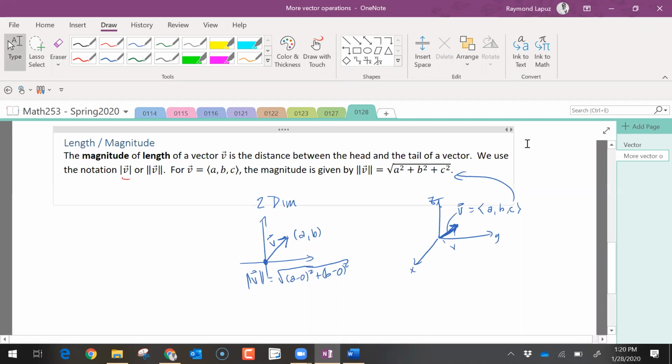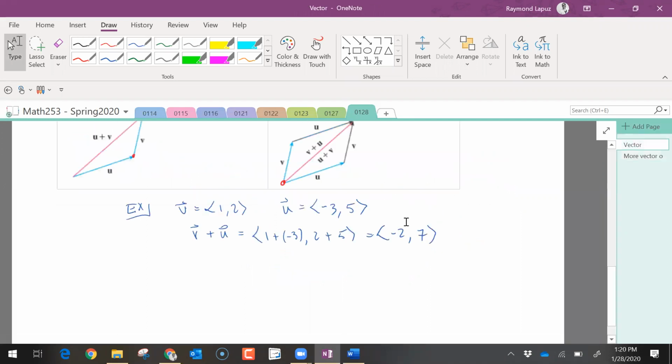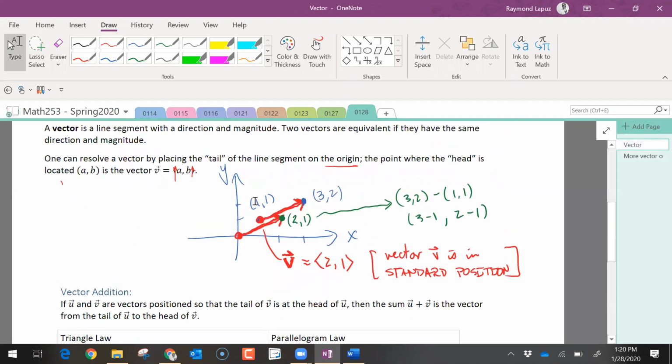What if the tail is not at the origin? Then we go back to the idea that you resolve the vector first. You either send it to the origin or you do the subtraction, and then it'll be the same.